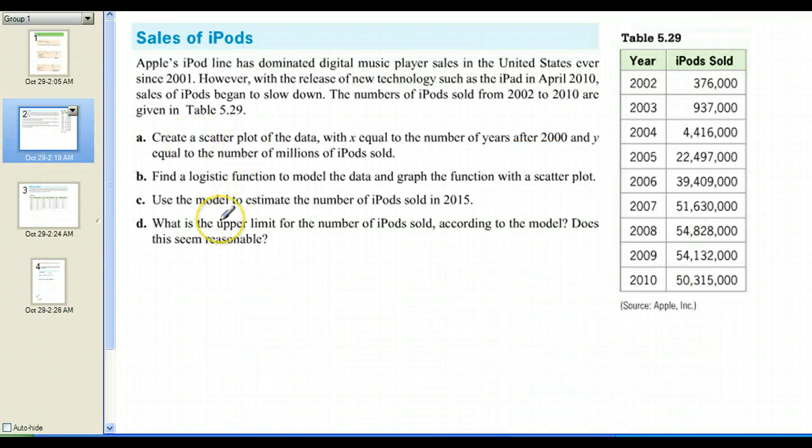Alright, so here's an example: selling of iPods. I don't know about you, but I was one of the late people to get an iPod, but I know a lot of my friends got them when they first started coming out.